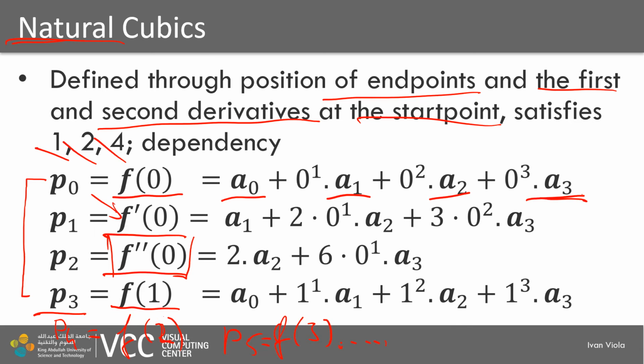What it will not satisfy is the locality. Natural cubics are not local. So if we change one value, let's say the first order derivative of the first point, this will affect the rest of the curve. So it is not local, but other properties are satisfied.